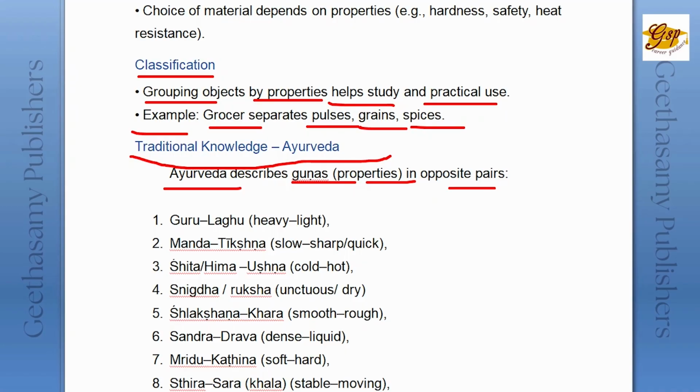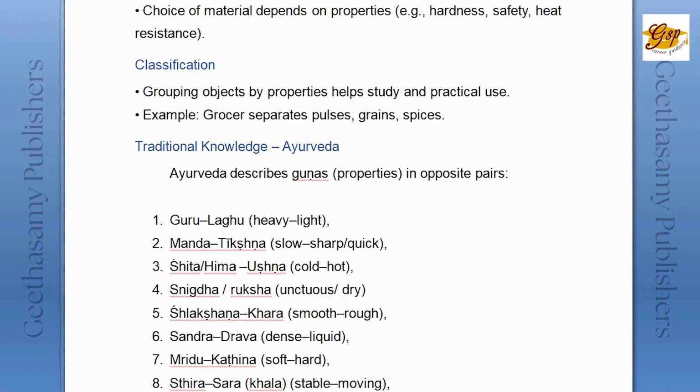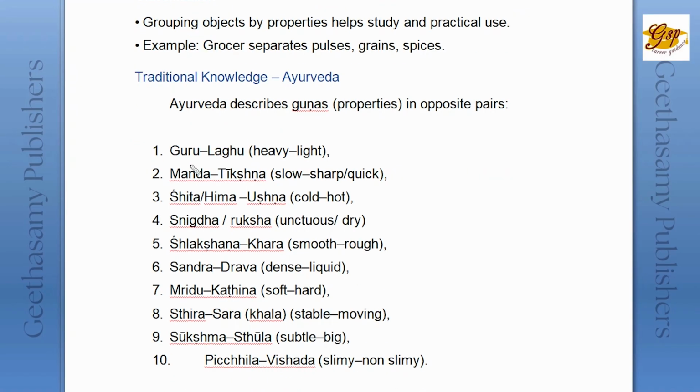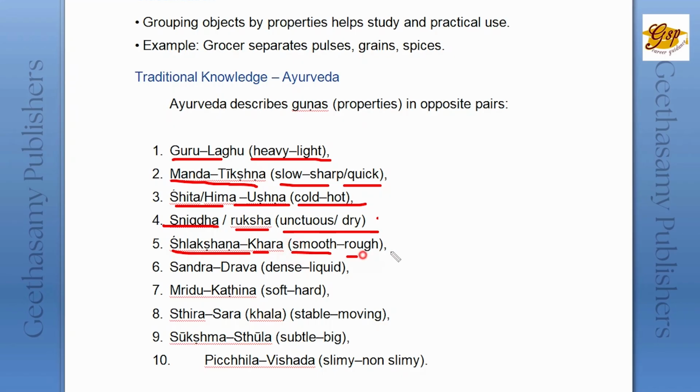So most of them look like Sanskrit or Hindi, but go through it. Guru and Laghu, that is heavy, light. Then Manda and Tikshna, slow and sharp, quick. Shita and Ushna, cold, hot. Snigdha and Ruksha, unctuous and dry. Then Slakshna and Khara, smooth and rough.